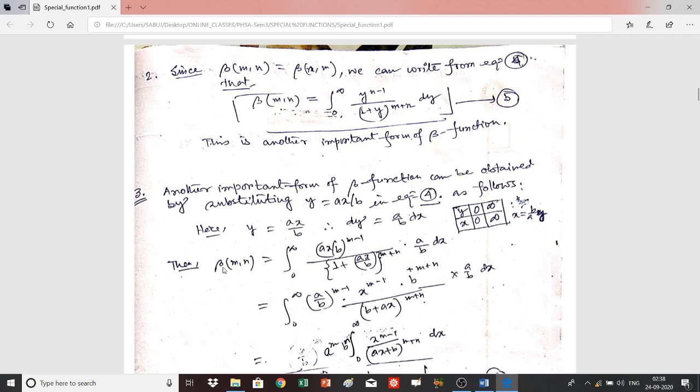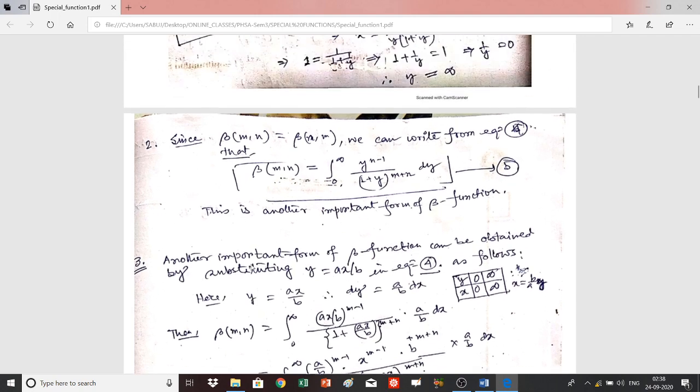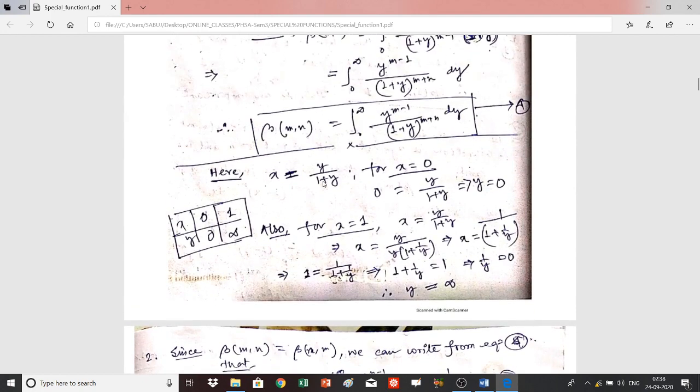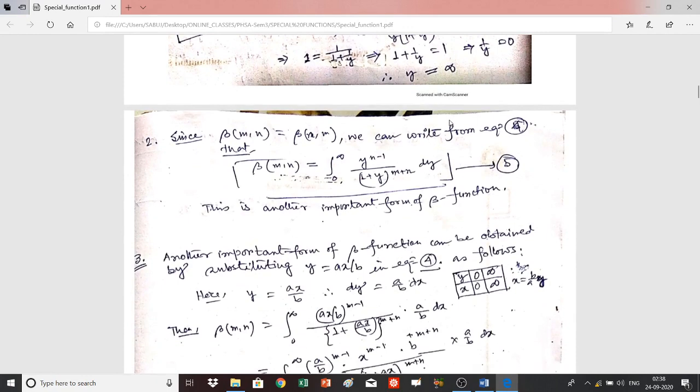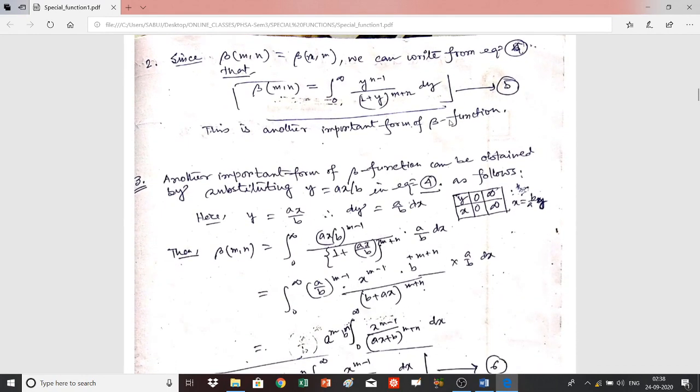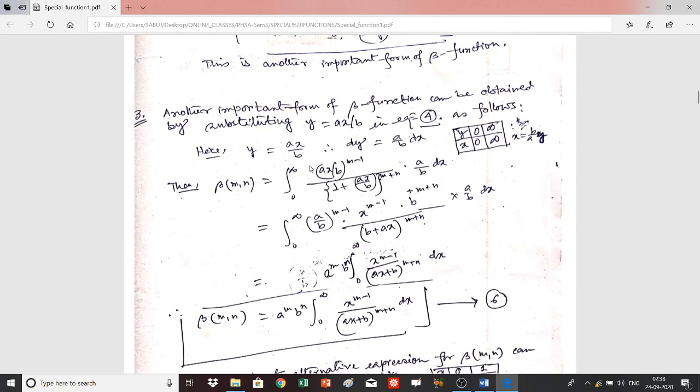Now beta(m,n) can be written in accordance with equation number 4, that is beta(m,n) is equal to the integral from 0 to infinity of y to the m minus 1 by (1 plus y) to the power m plus n dy. So just substitute the values of y and dy. That is done here, the limit 0 to infinity is also shown here.